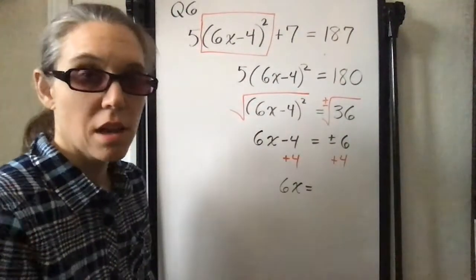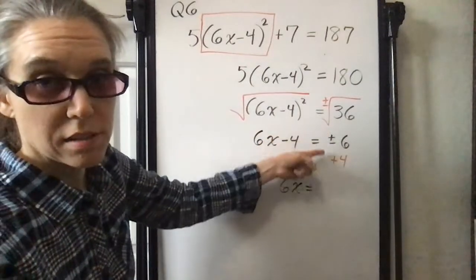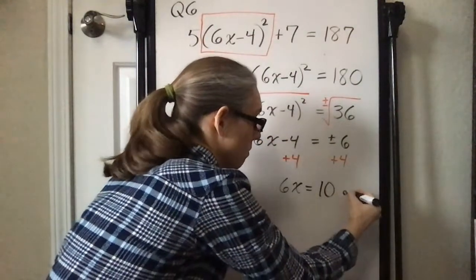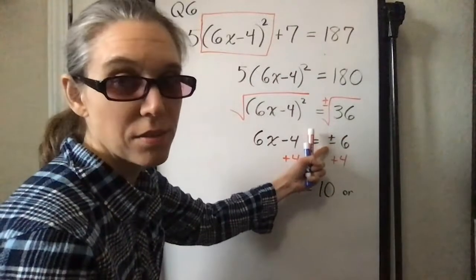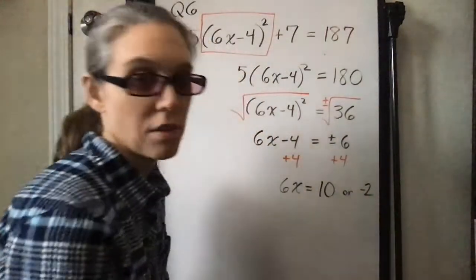Take each number and add it one at a time. Positive 6 plus 4 is 10. Negative 6 plus 4 is negative 2. Then divide by 6.